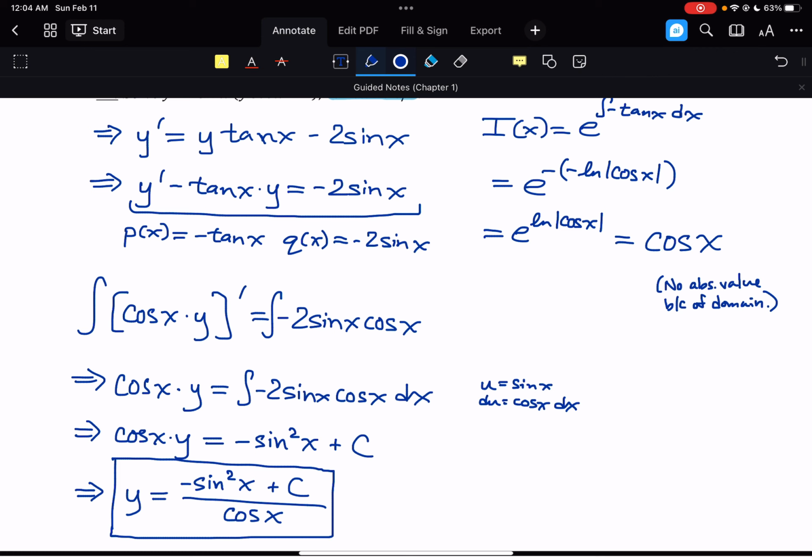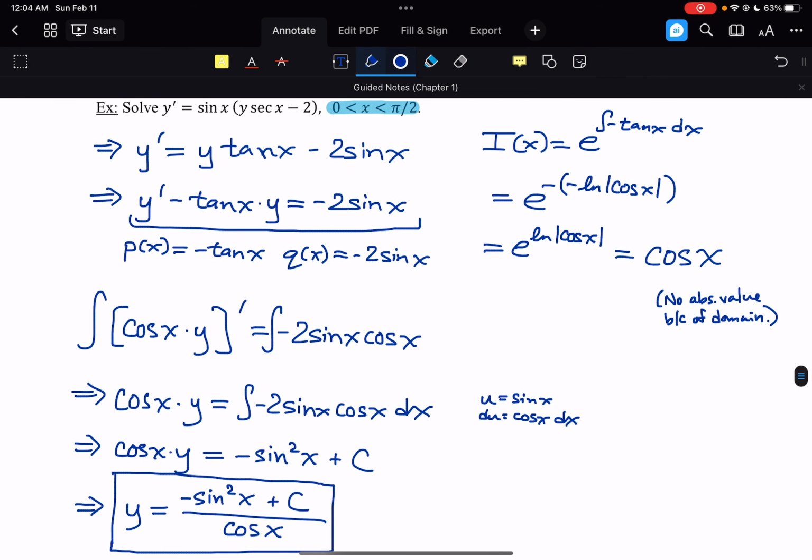This would be the general solution to that differential equation, y prime equals sine of x times y secant x minus 2. If we were to take its derivative, and then substitute both of those back into the original equation, you would see that you get a true statement.